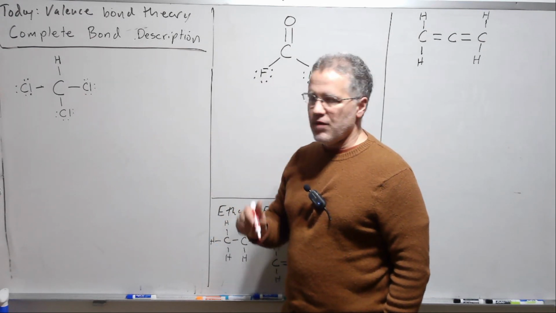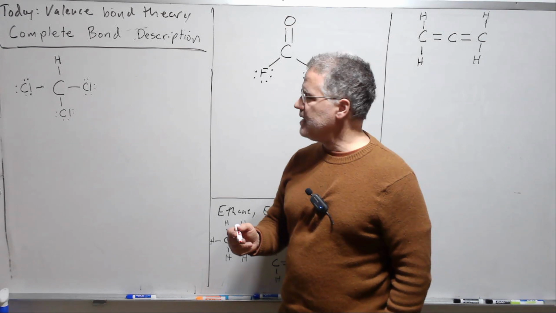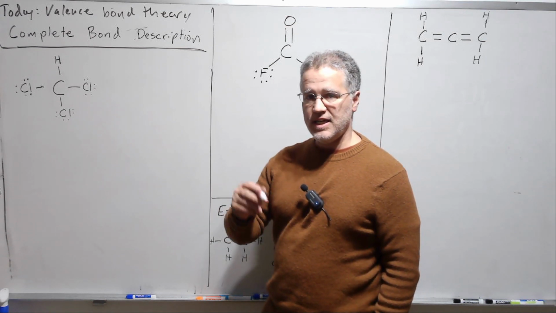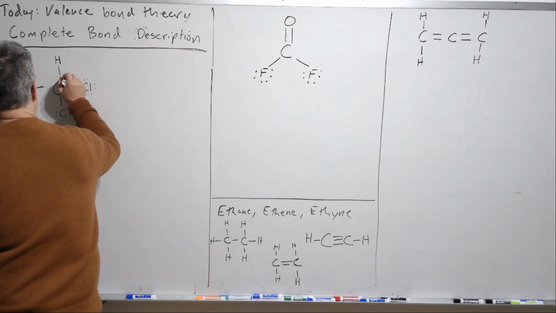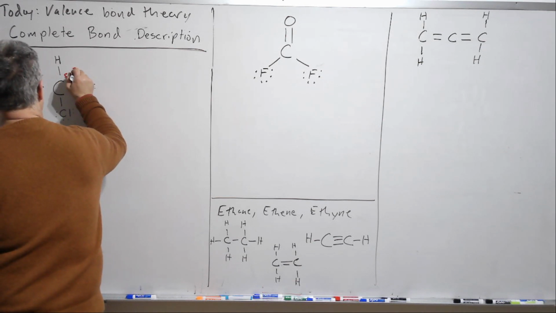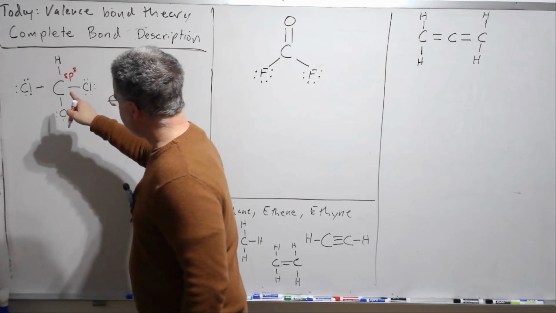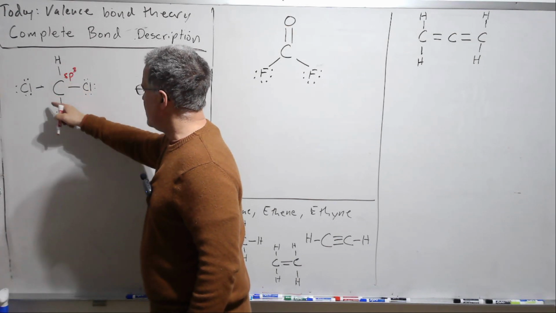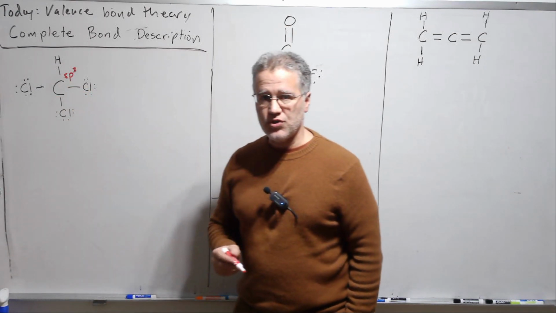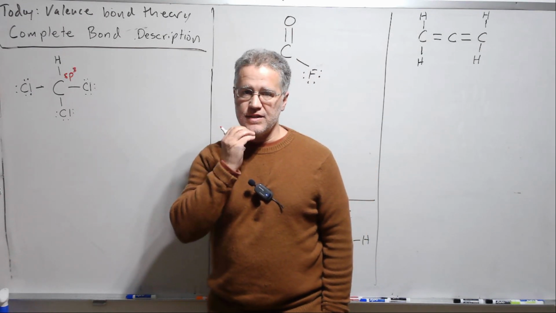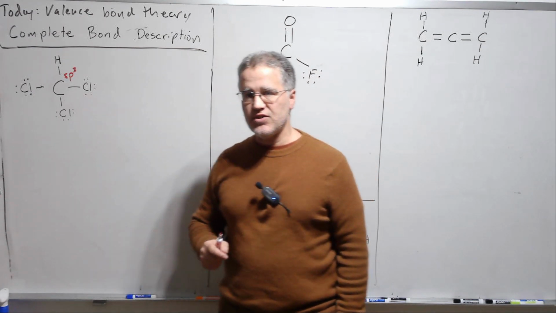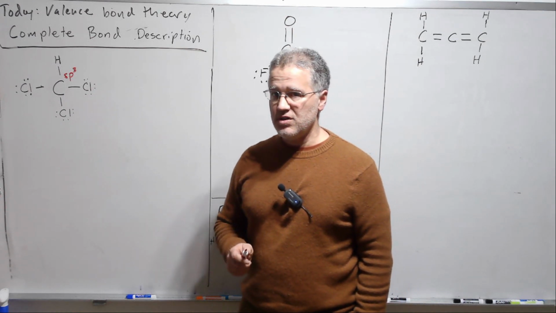The first thing we want to do then is identify the hybridization on each of the elements. So we label this sp3 because we have four sources of electron density, and therefore the electronic geometry around the central atom here is tetrahedral.